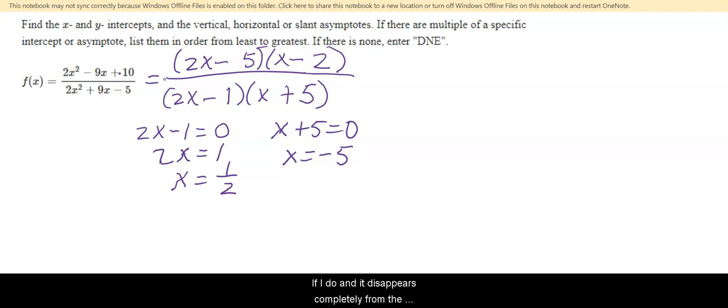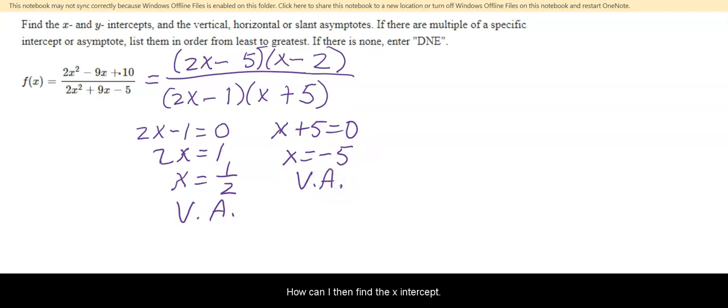If I do, and it disappears completely from the denominator, then it must be a hole in the graph. However, although I have similar factors in 2x minus, they're not identical. One of them is 2x minus 5, and the other is 2x minus 1. Therefore, I have no holes in the graph. Both of the zeros of the denominator must be vertical asymptotes.